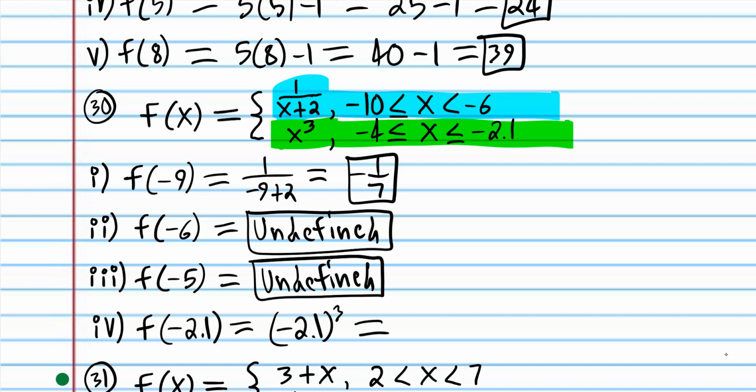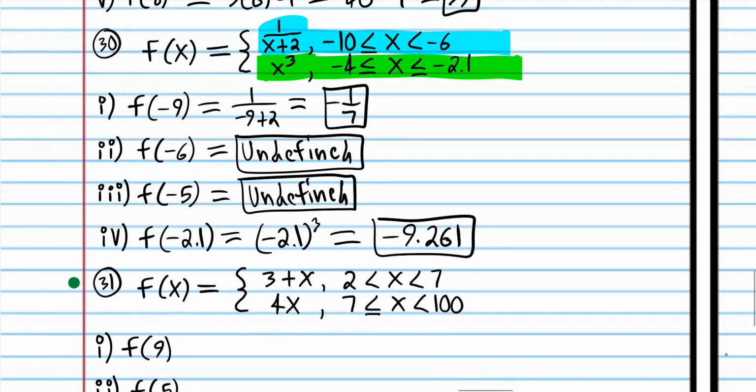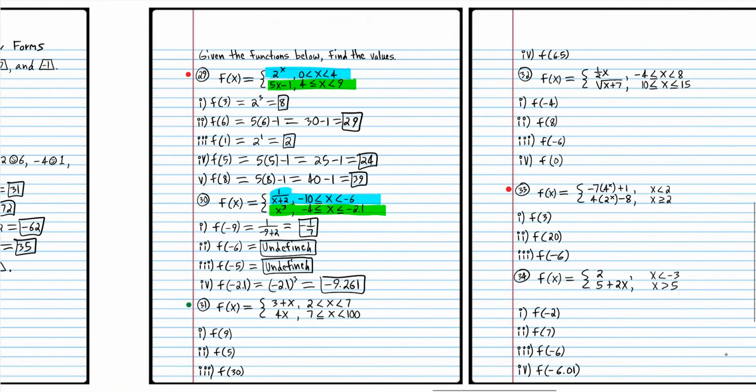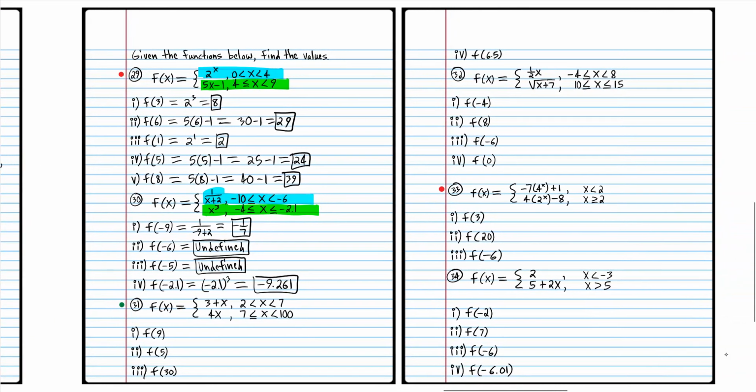And you can use your calculator for that. 2.1 times 2.1 and then times 2.1 again is 9.261, and this is going to be a negative number. Negative 9.261. So I want you to try number 31, and when you come back, we'll do it together.